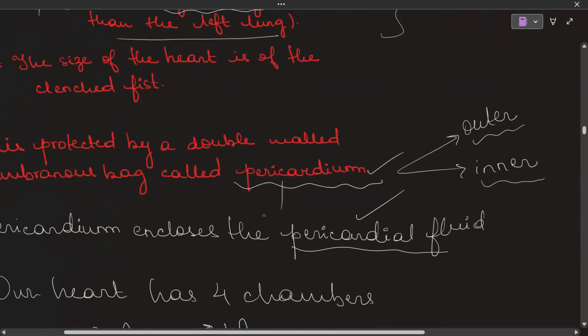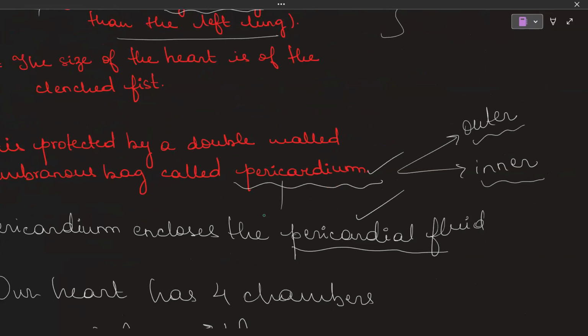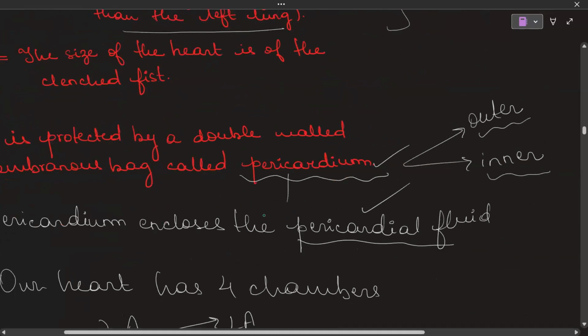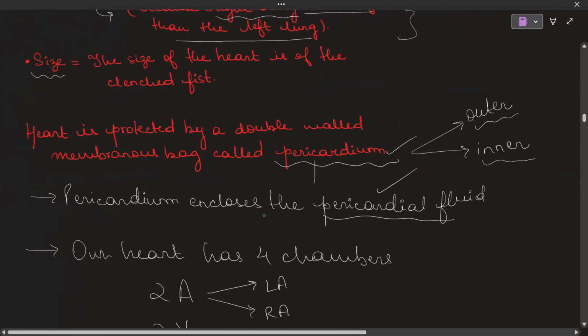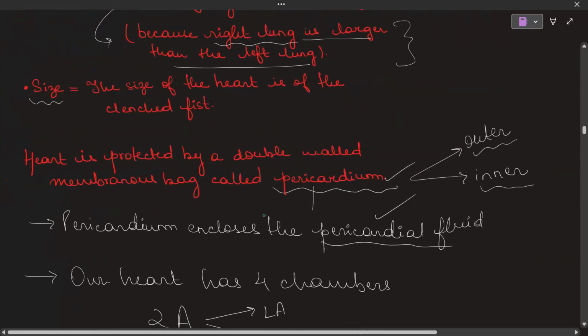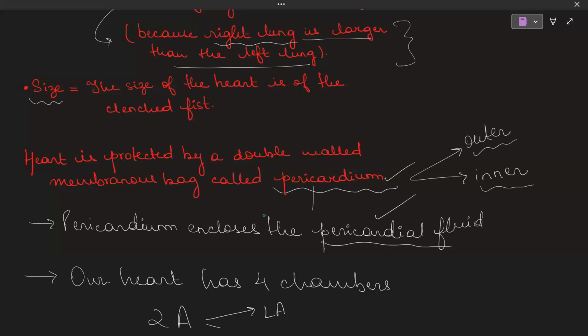The pericardium has an outer layer and an inner layer, and in between the outer and the inner, there is pericardial fluid. Why is it there? What is the function of the pericardial fluid?